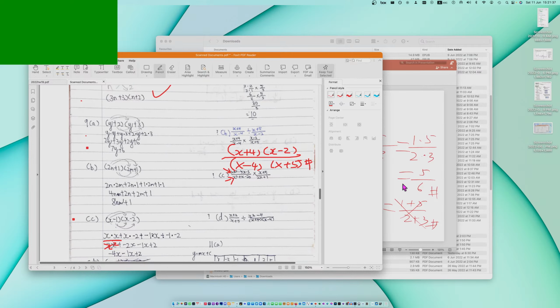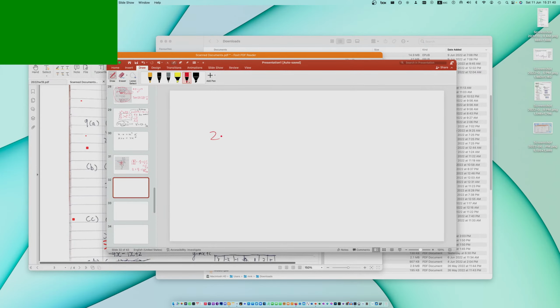So how do you do the 2x squared minus 5x minus 3? You do the factorization first. So when it comes to this kind of question, it's always factorization. Because why you need to do factorization? Because then you can cancel, you know.